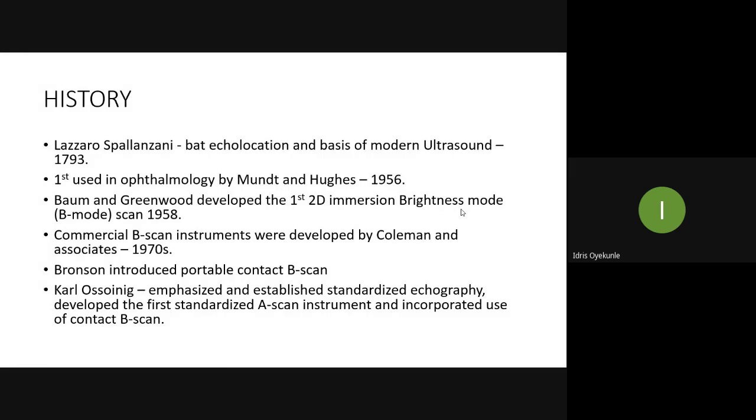It's also very important to mention the role of Karl Ossoinig, who established and emphasized what we know as standardized echography. Standardized echography provides a means of differentiating lesions through a thorough analysis. And so he developed the first standardized A-scan instruments and incorporated the use of contact scan.